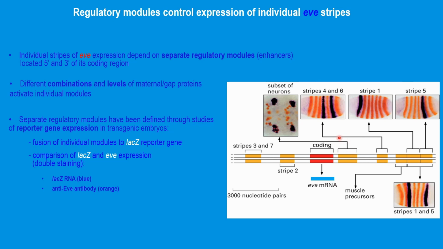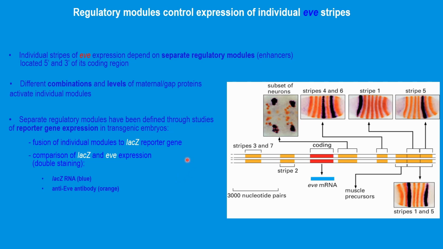This schematic shows which enhancer corresponds to which stripe. These experiments have been done where they chop up the DNA in the region surrounding the coding region and fuse that region, more or less blindly in the beginning, to reporter genes, for example lacZ, and then put that transgene back into the animal and see where it's expressed.